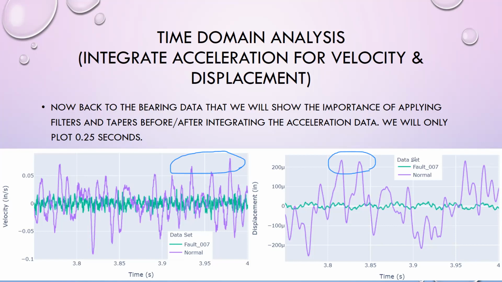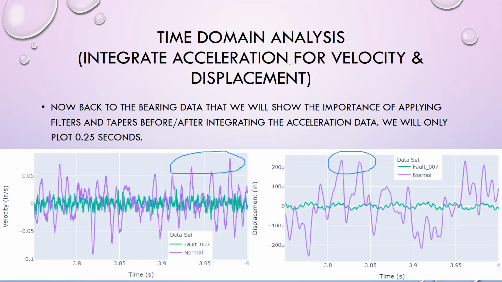In the acceleration signal, all of the peaks were related to the fault signal, but here in the velocity and displacement, you can see that the peaks are related to the normal signal, and the peaks of the fault signal are negligible in comparison with the normal signal.